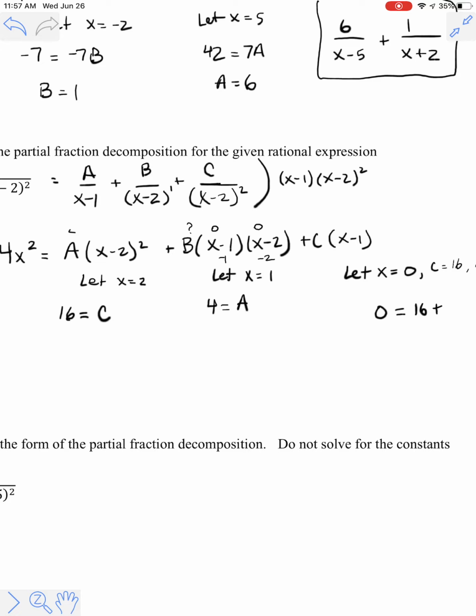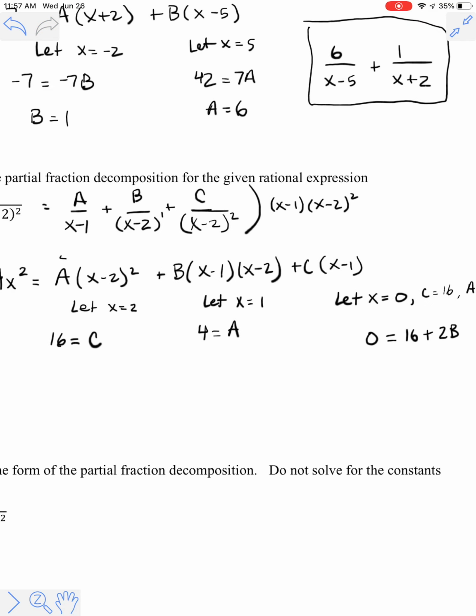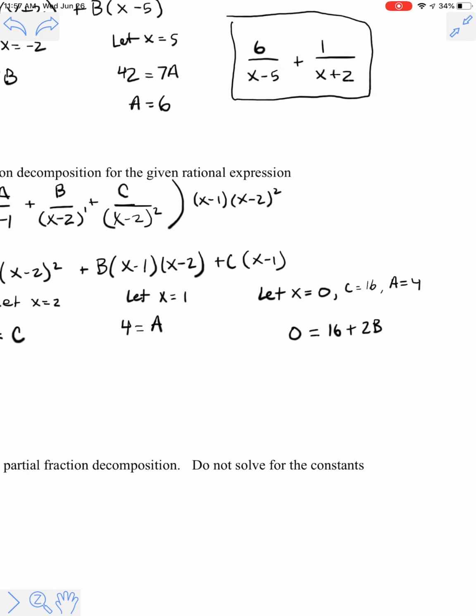Multiply those together, and you get 2b. Now here I'm going to let c equal 16 and x is equal to 0. So that gives me negative 16. So then 0 equals 2b, and then b is equal to 0.